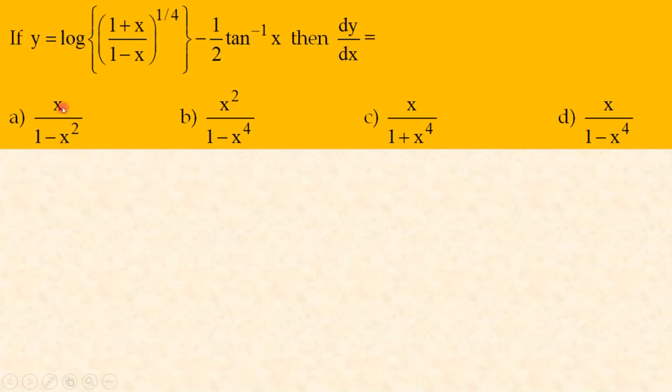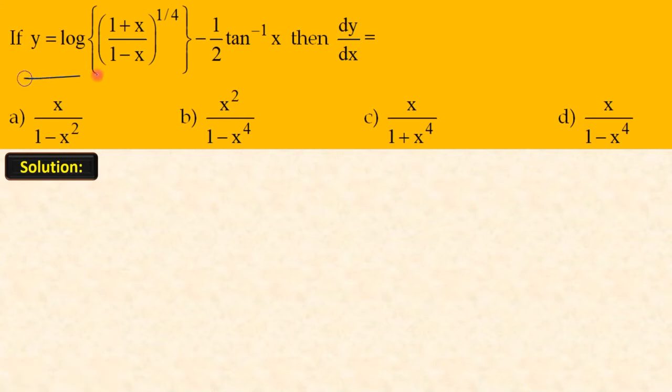Options are x by 1 minus x square, x by 1 minus x power 4, x by 1 plus x power 4, x by 1 minus x power 4. Let us find these.